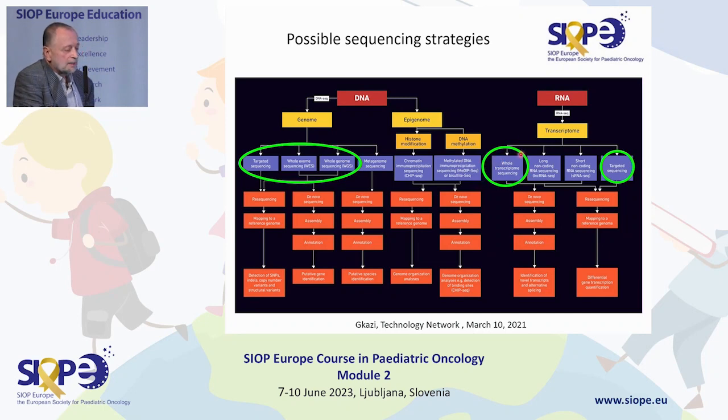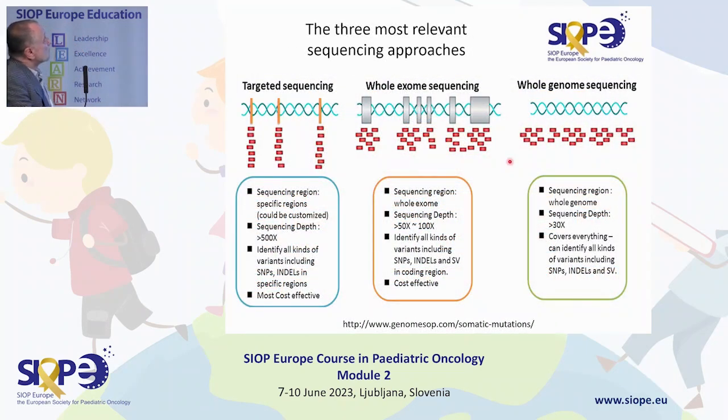On the RNA part, you have the whole transcriptome sequencing for gene expression analysis, or you can also have targeted sequencing, for instance, just looking for fusion genes, but you can also get that, of course, from whole transcriptome sequencing. So the three most relevant sequencing approaches are the targeted sequencing, whole exome and whole genome, as I told you.